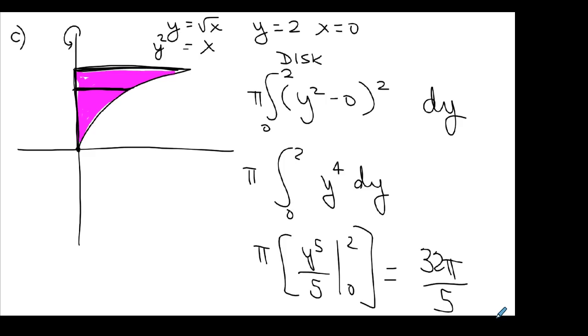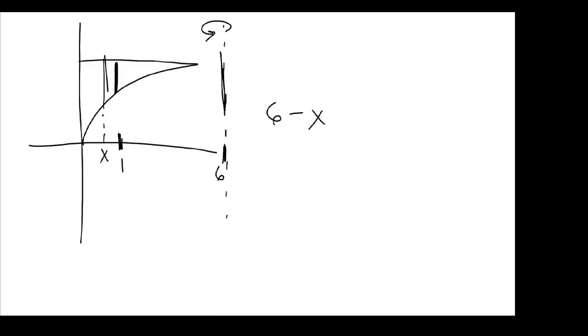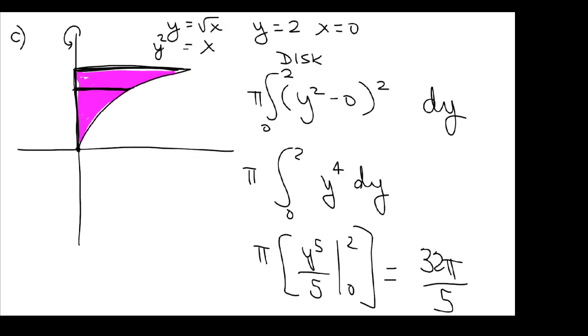We never worked it out, but I asked everyone who had that, did they get 32 pi over 5, and they said yes. Now you say, oh, well, that's easier. There are problems when it will be easier or as easy.